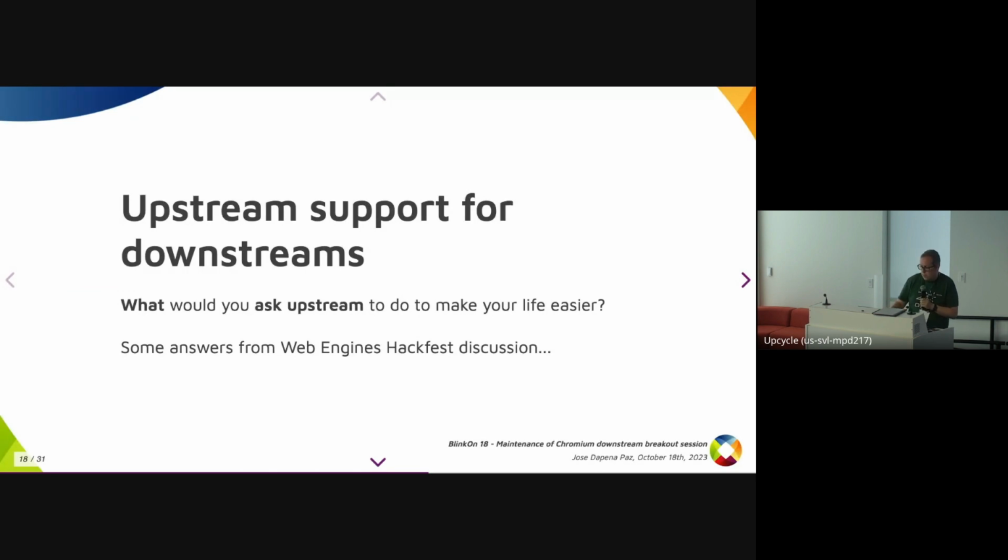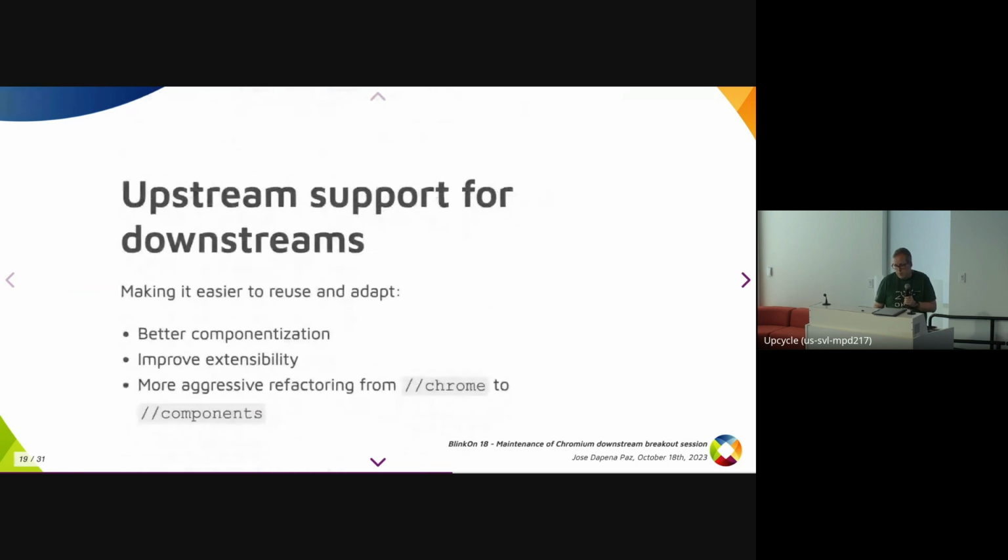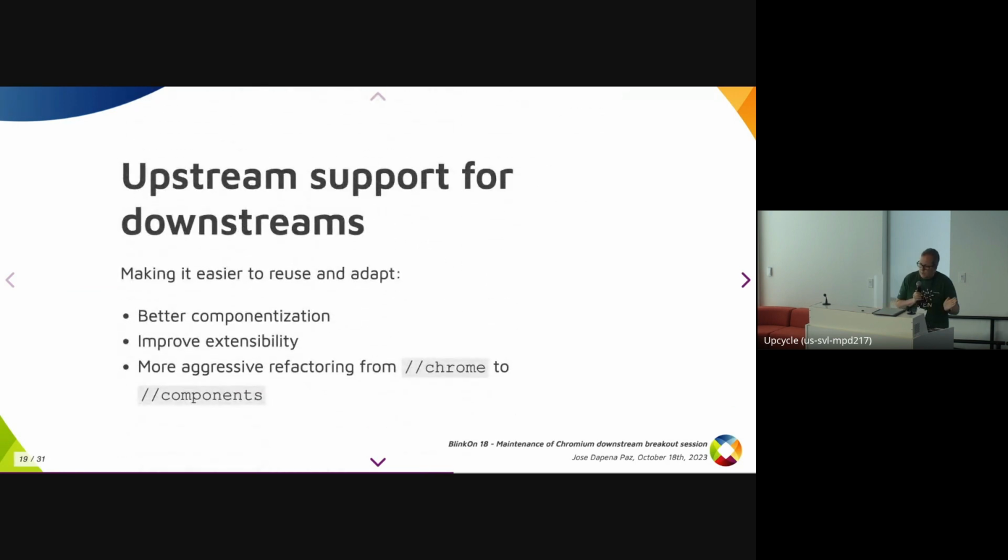Some answers from the Web Engines discussions: one of them is very clear, and it's to make it easier to reuse and adapt, with better refactors and better componentization, so we could pick more things from upstream. A very clear example is that there's a lot of code in //chrome that may be useful for other browsers, but as it is in Chrome, maybe you cannot reuse it because you are not taking all of Chrome.